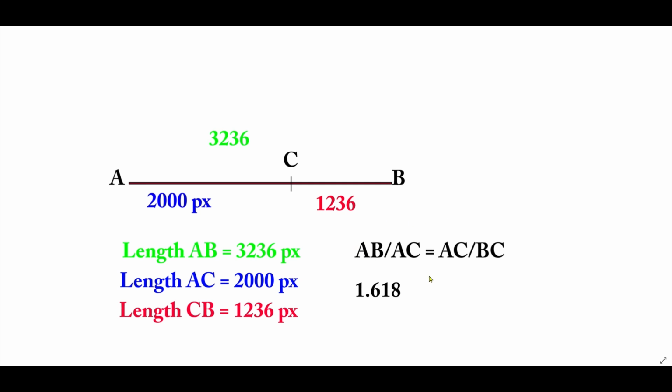So the golden ratio is, for any straight line where it intersects, with AB the whole line: the length of AB divided by AC is equal to AC divided by BC.